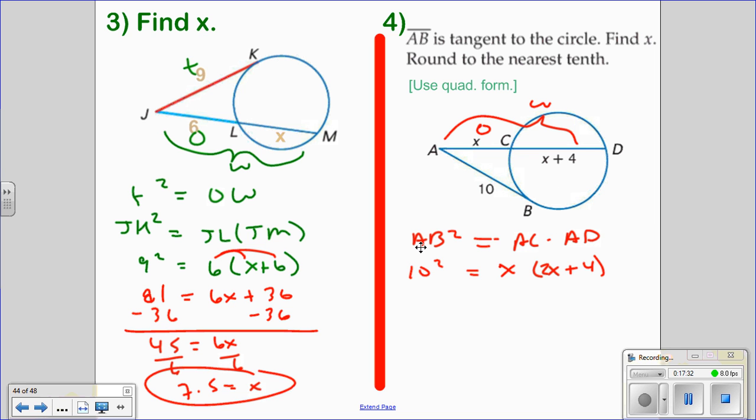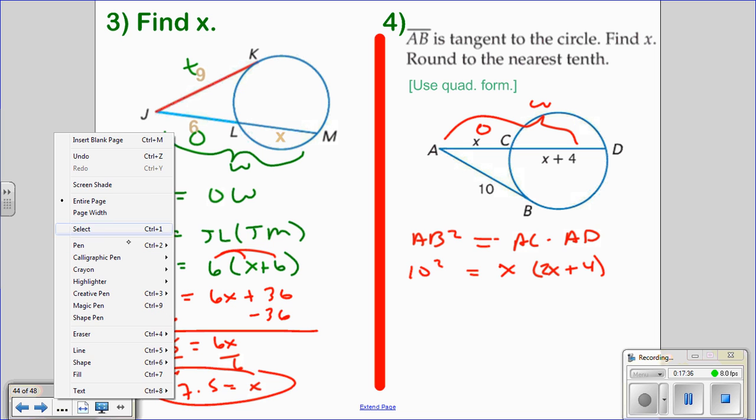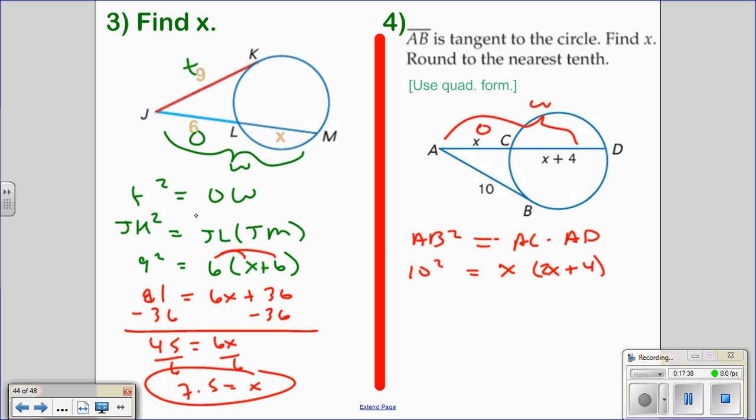And there's 2 x's. So now I have to square 10 and distribute. So I would get 100 is equal to 2x squared plus 4x. And notice I don't have x squareds on both sides, so they won't cancel each other out this time.